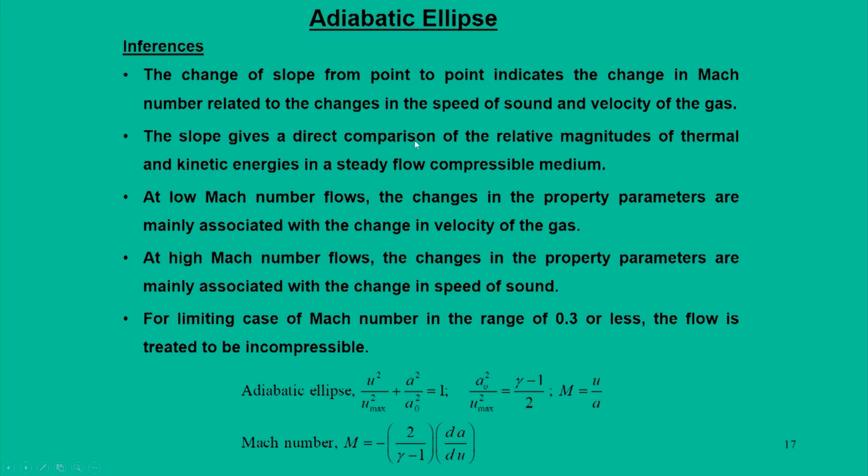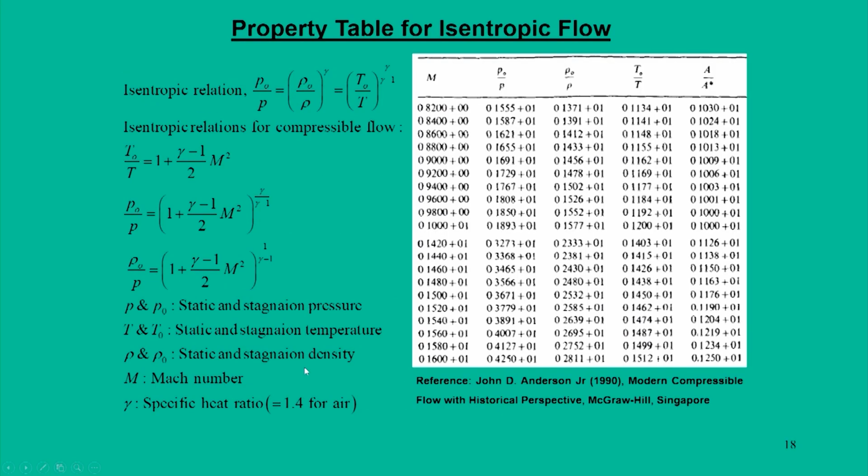Slope gives a direct comparison of the relative magnitude of thermal and kinetic energy in a steady compressible flow. In low Mach number flow, changes in the flow parameters are mainly associated with the velocity of the gas. At high Mach number flows, changes in property parameters are mainly associated with the speed of sound. In the limiting case of Mach number 0.3 or less, the flow is treated as incompressible.